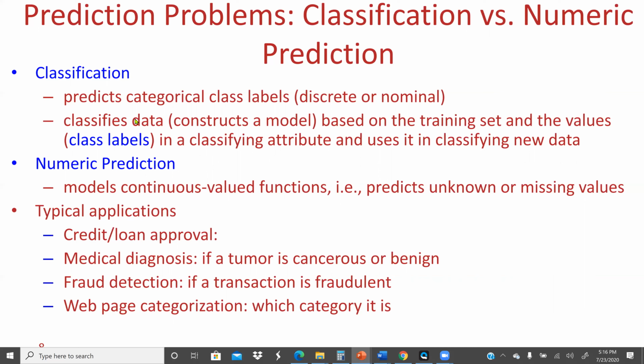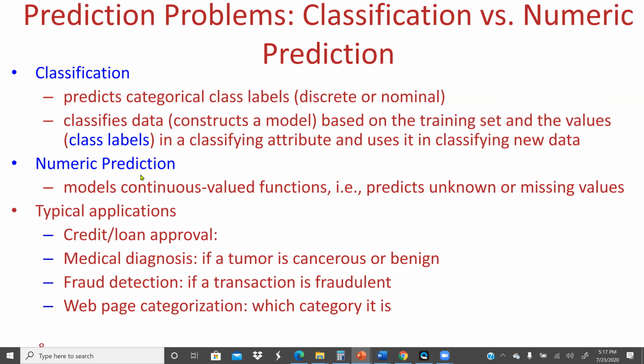So classification will predict a categorical class label, such as yes, no, true, false, so it will be discrete or nominal. It also classifies data by constructing a model based on the training set and the values, which are the class labels in the classifying attribute, and uses it in classifying new data.